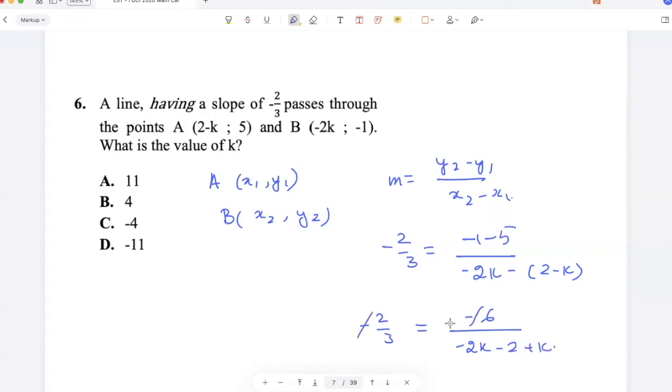So minus minus cancels, 2 cancels into 6 with 3. So I can say minus k minus 2 is 9. So k is minus 11, right? So D.